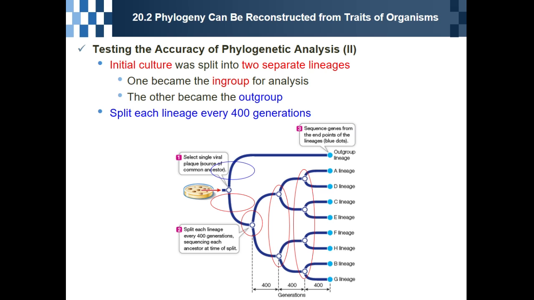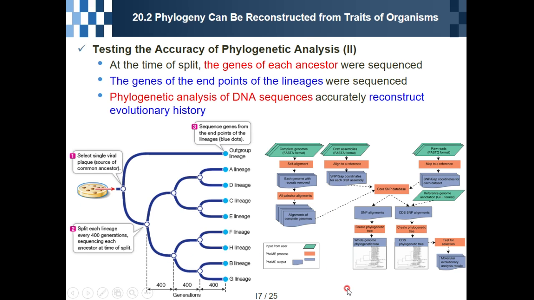After that, we will make the outgroup lineage: A lineage, D lineage, C lineage, E lineage, F lineage, H lineage, B lineage, G lineage. At the time of the split, the gene of each ancestor was sequenced.